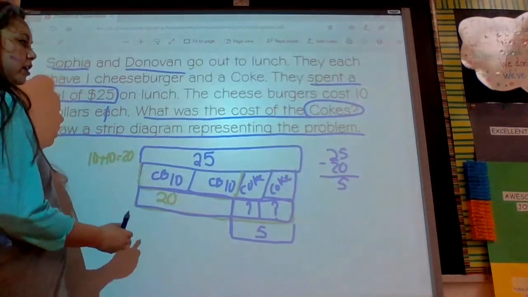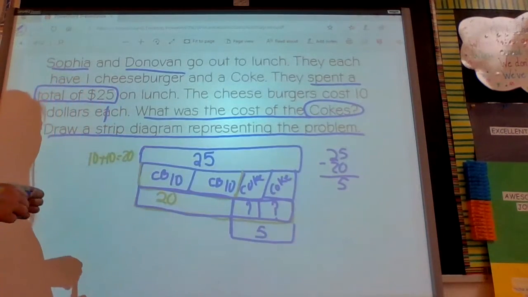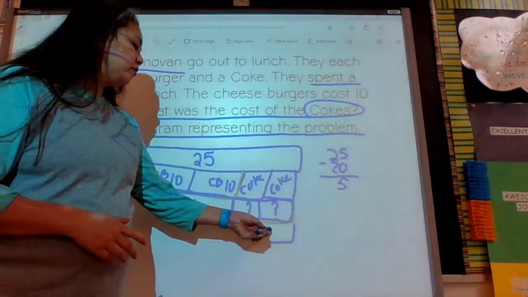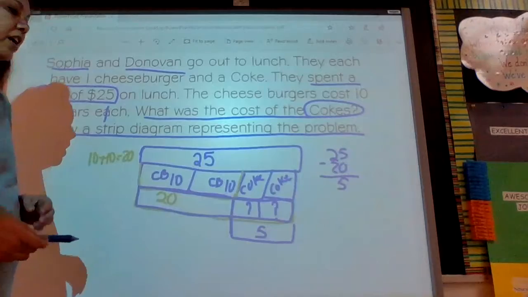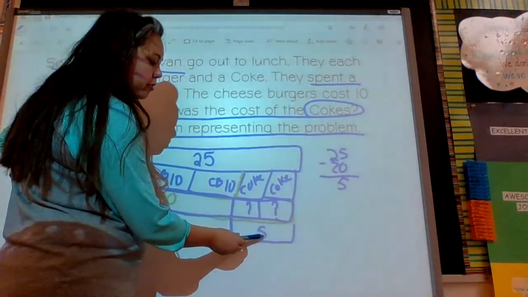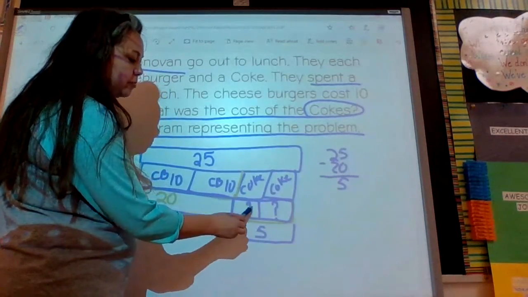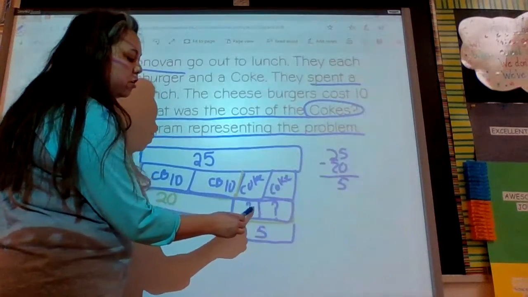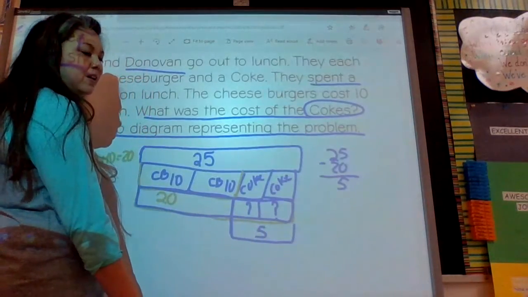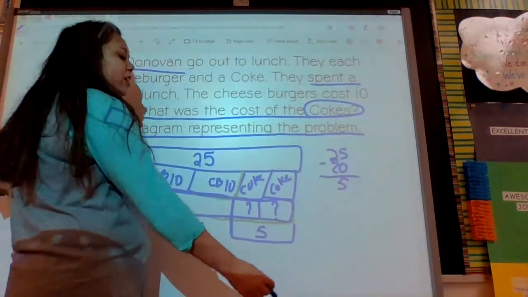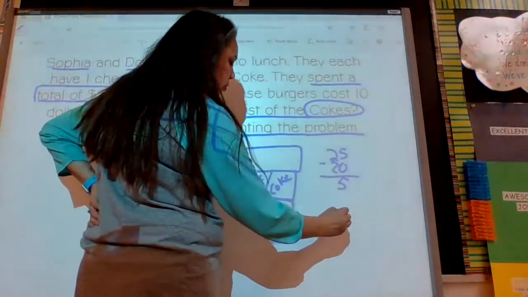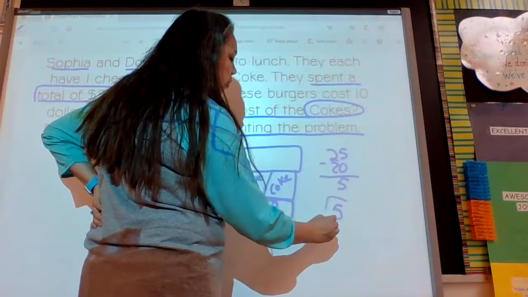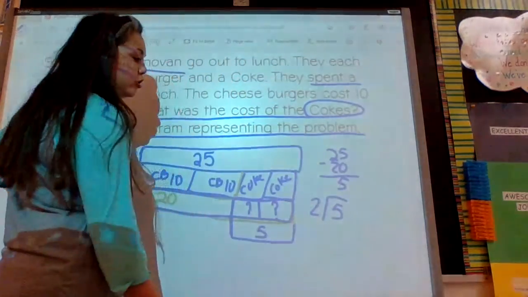But if I want to know what is the cost of the Cokes, the cost of the Cokes is $5, but I could even take this further. Okay, I know that the 2 Cokes cost $5, and I'm splitting them into equal groups. So if I'm splitting them into equal groups, and you've practiced this before, we're going to divide it by 2.